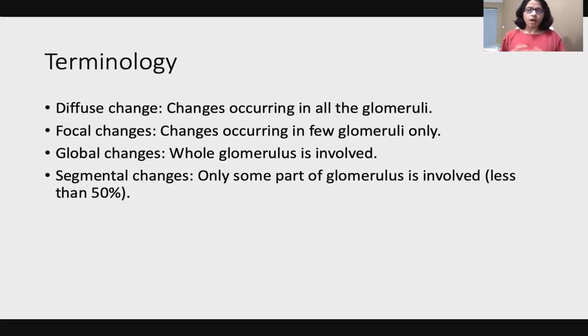If I use the term global, then I mean the entire glomerulus. So now we've come to the level of a single glomerulus, so that glomerulus, the entire glomerulus, globally is involved.